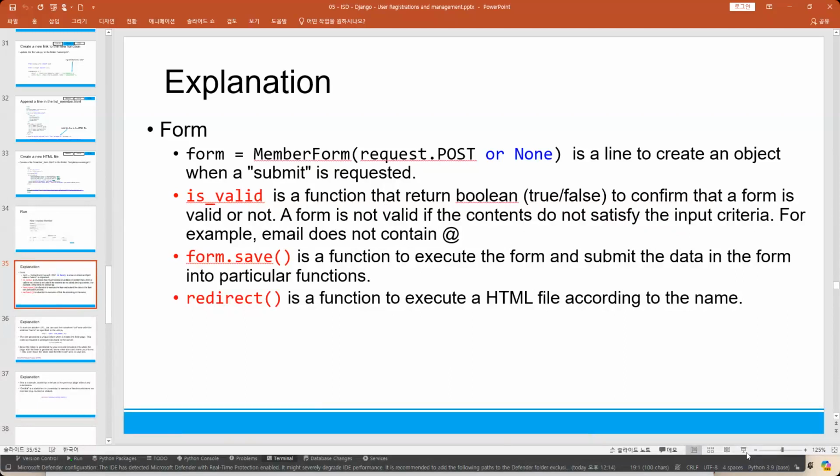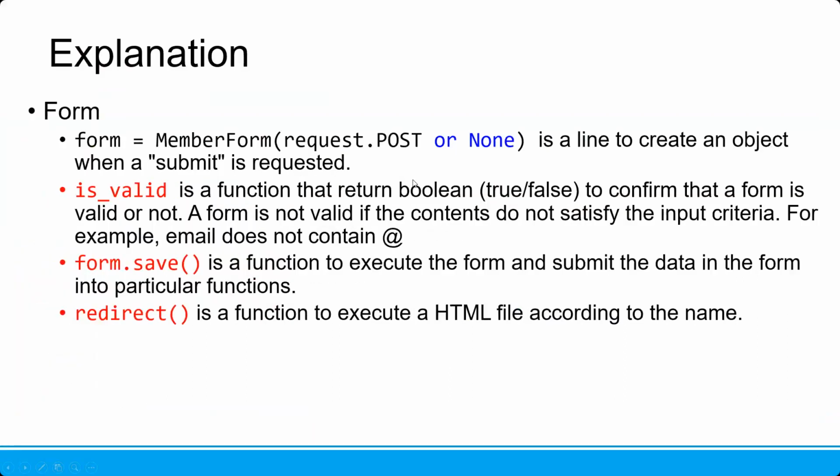So this is the explanation about the code that I already explained to you. When we use form equals to member form request host or node, it is aligned to create an object when a submit is requested.